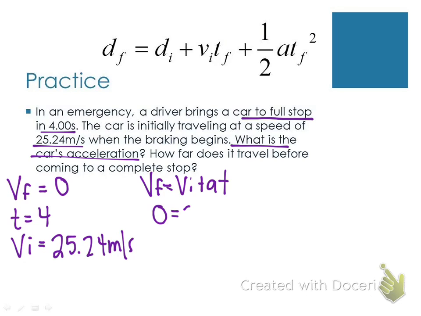0 equals 25.24 plus a times 4. When we solve for this variable, we're going to subtract 25.24 to the other side first, which gives us negative 25.24 equals 4a.